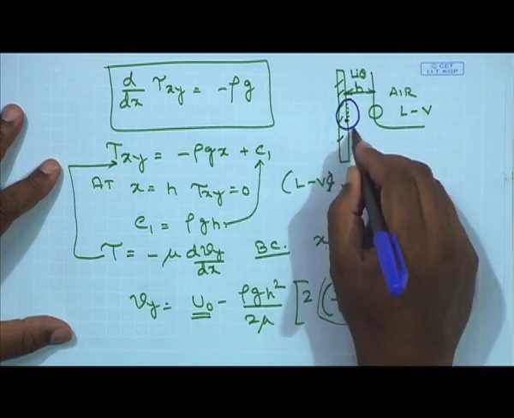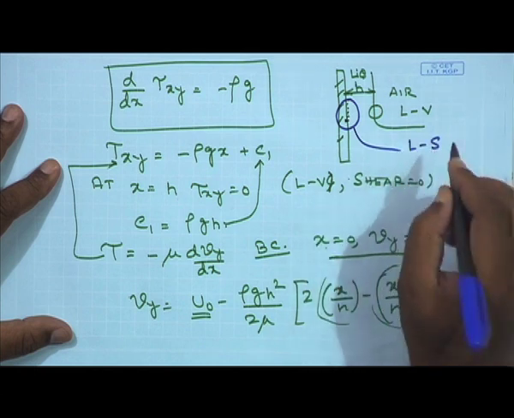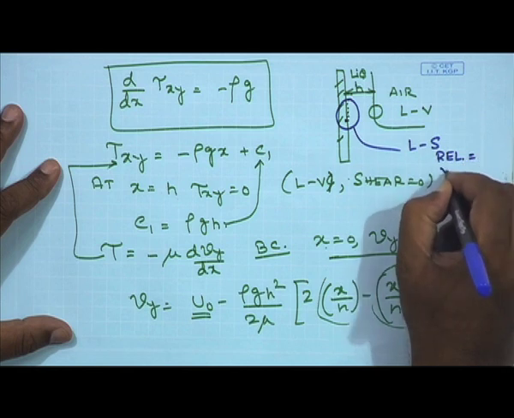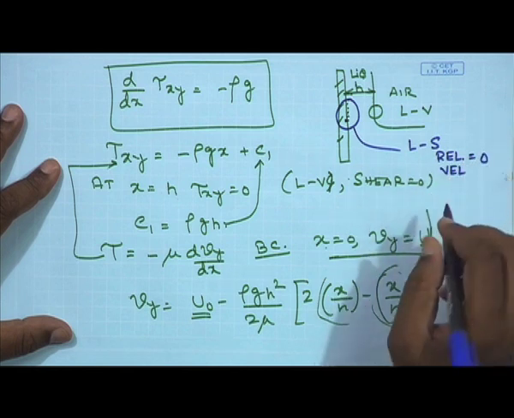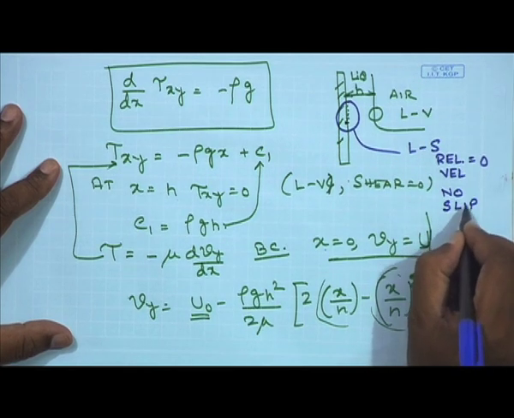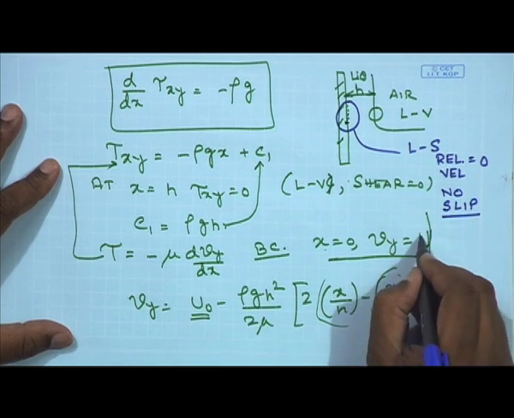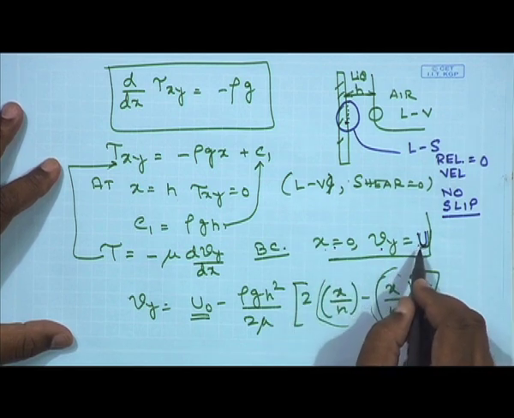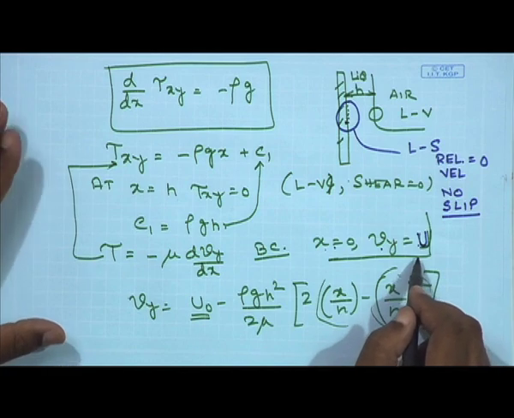So, at the liquid solid interface the relative velocity is 0, which we call the no slip condition. Since it's no slip, the velocity at x equal to 0 must be equal to the upward velocity of the belt.